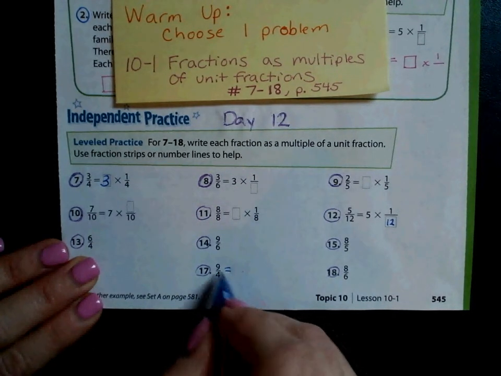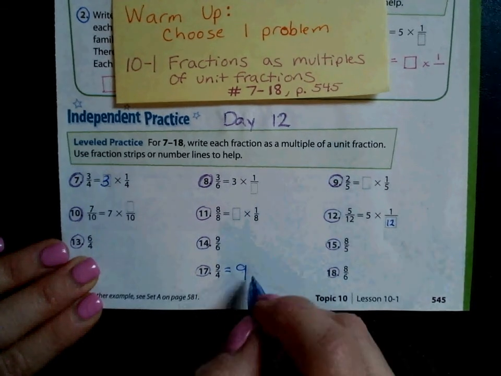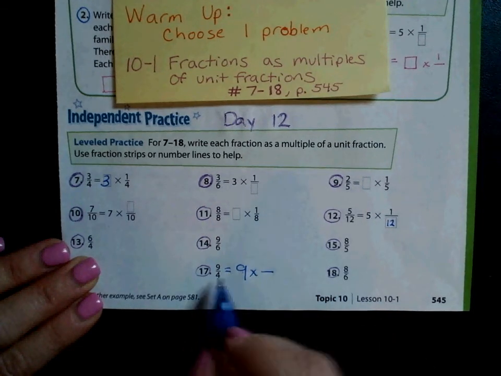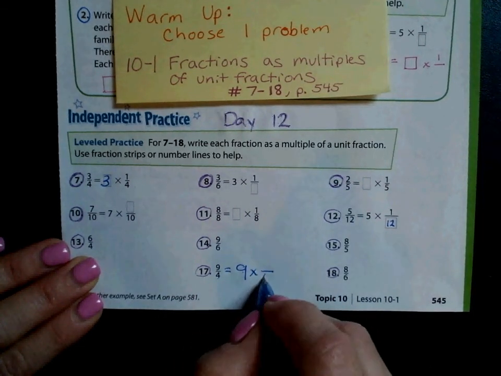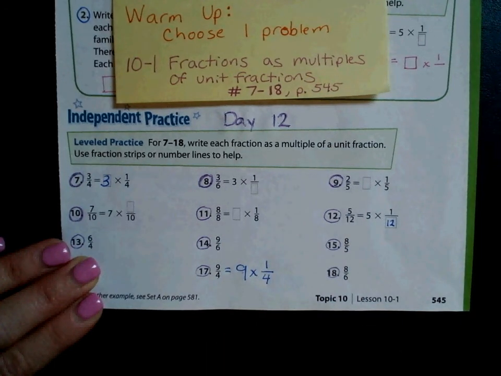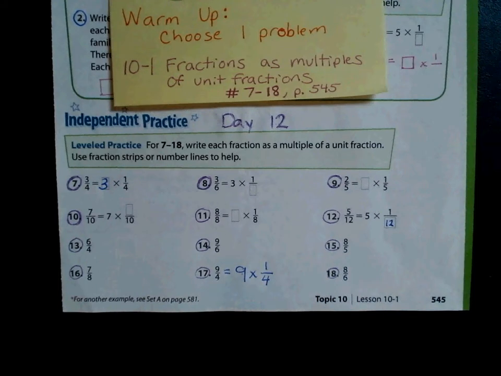So remember, the first number will be your numerator, so my numerator is 9, so I'm going to write that nice and big, times the unit fraction. So since my denominator here is 4, it's going to stay 4, and the unit fraction would be 1, because all unit fractions have to have a numerator of 1. So 9/4 equals 9 times 1/4, or 9 copies of 1/4.